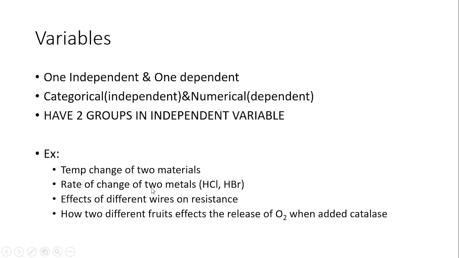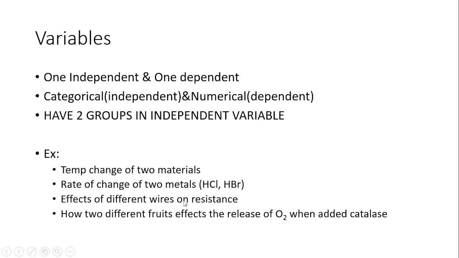I don't know how you would measure that. Maybe a calorimeter, maybe not. So you would have two metals. These are two groups in the independent variable, and these are categorical as well. Rate of change, since there is a change, the dependent variable is numerical as well. Since you're finding a rate, you're subtracting one number from another, and there are numbers, that means it's numerical.